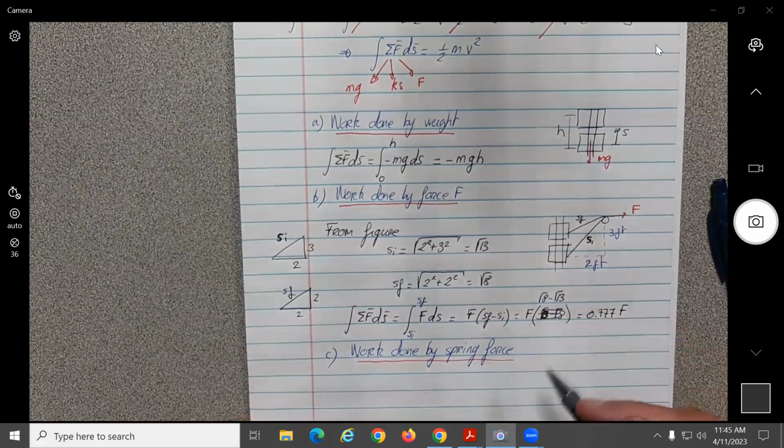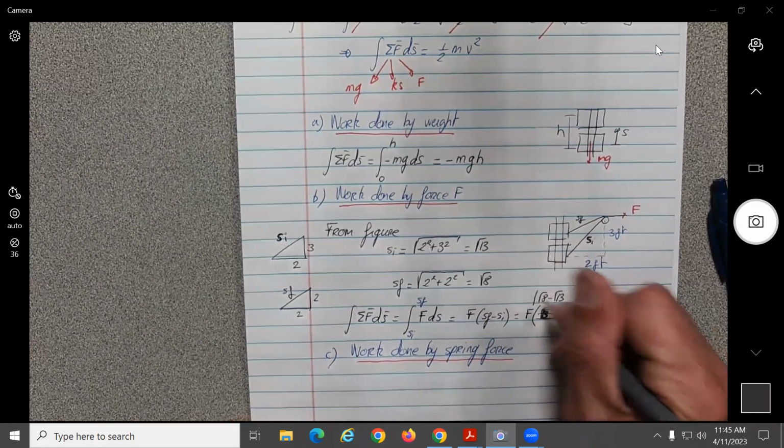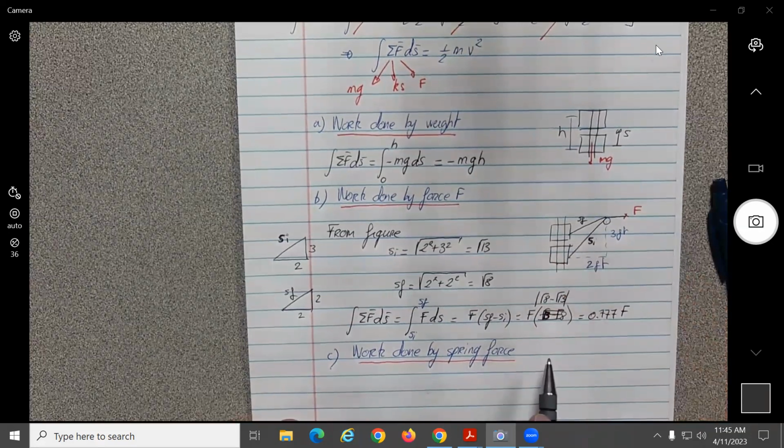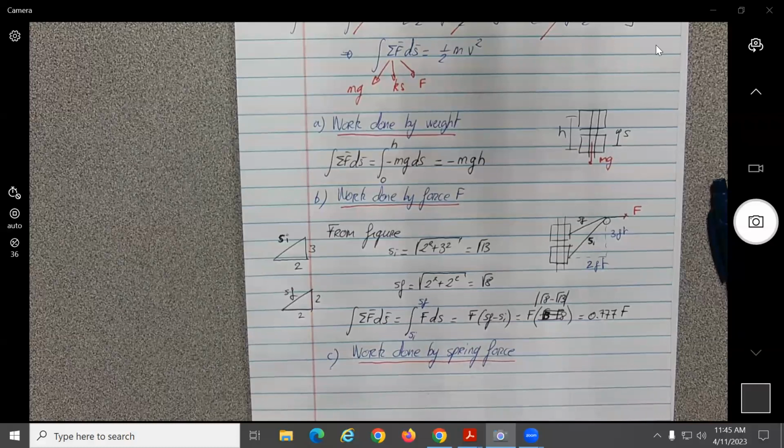But it's positive, so you need to take the magnitude, because F is in the same direction as the deformation. That's probably why I put it the other way. So does that answer your question as well at the back?